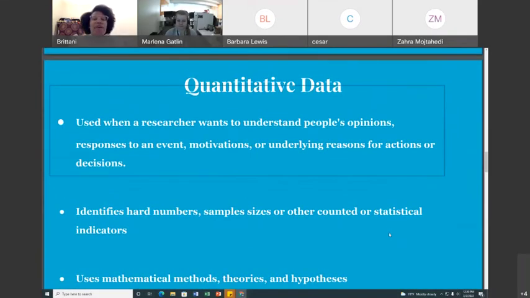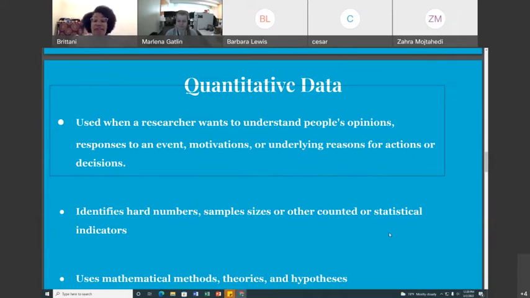Okay, so quantitative data, which is numerical data, usually, for lack of a better way to explain, is often sought when a researcher wants to understand people's opinions, responses to an event.